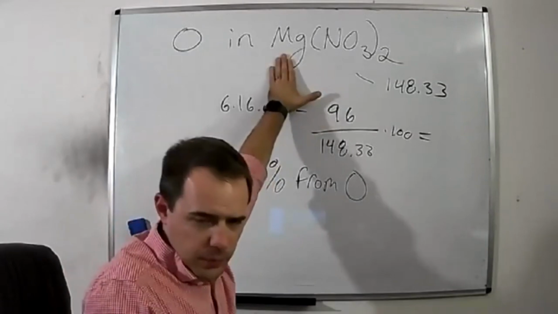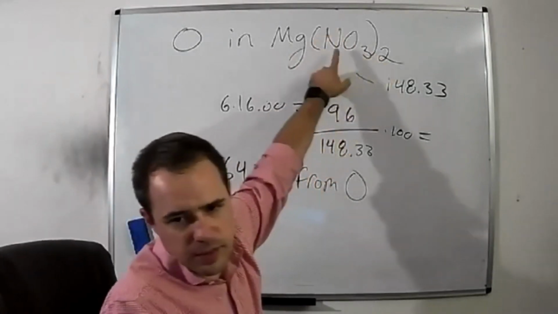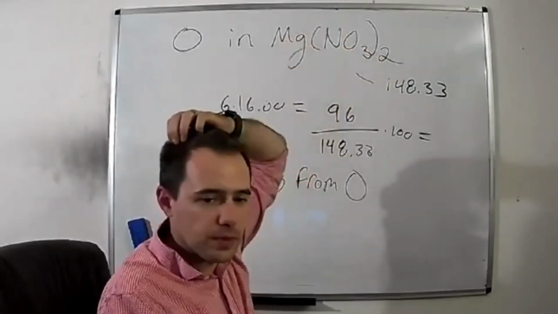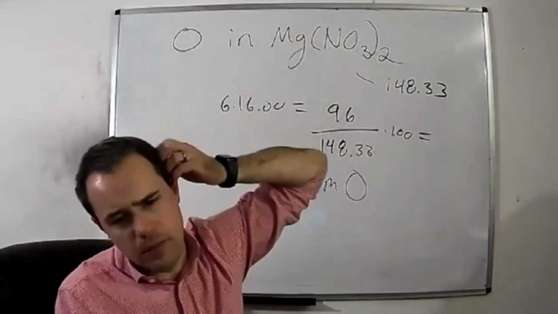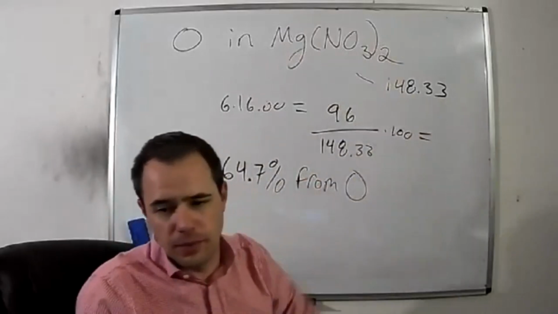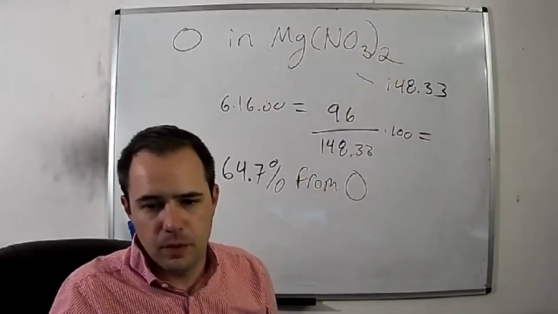So anyway, 24.31, 2 times 14.01, 6 times the oxygen on the periodic table, which is 15.999. So I rounded to 16.00. But to answer your question, no, man. If you had 148.31, close enough. I'll take it. It'll be fine. Okay. Cool.